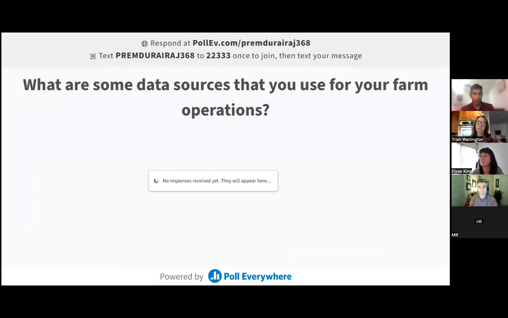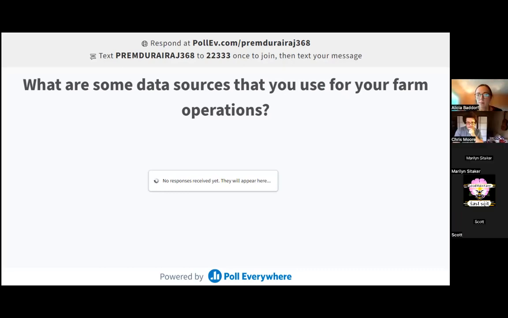It could be private information like that, or it could be publicly available information. But I'm just curious what types of information or data sources people are using in their farm operations. Like where are we essentially getting our information to inform these decisions?